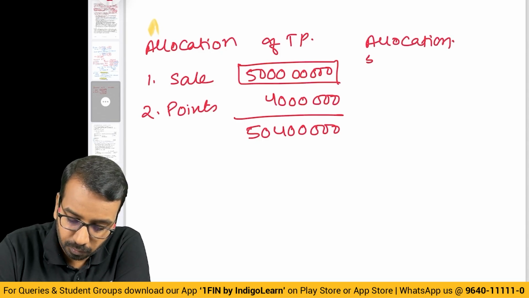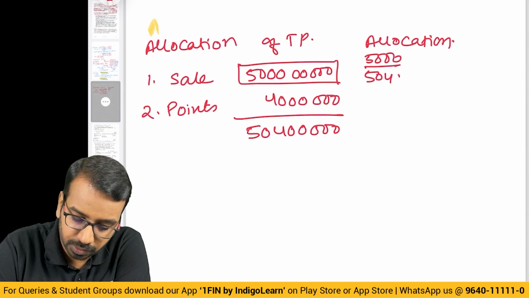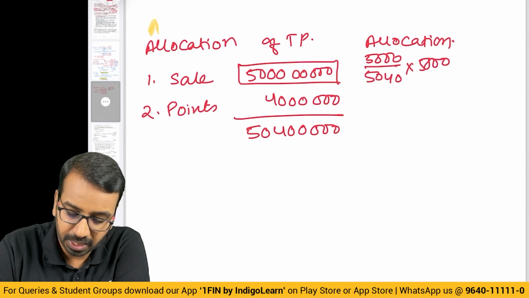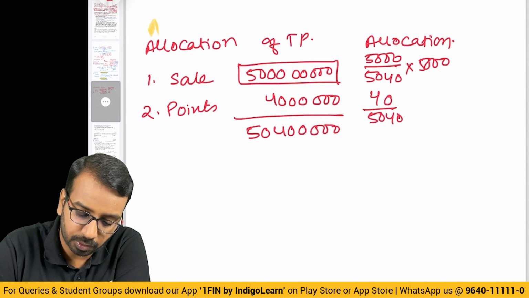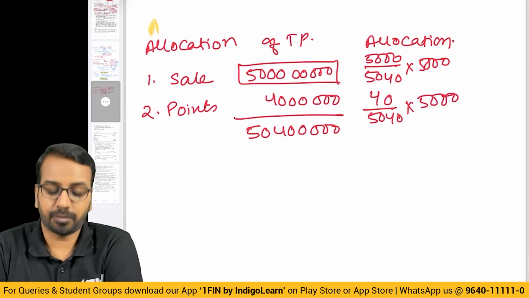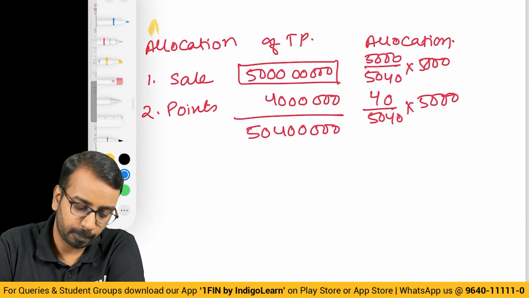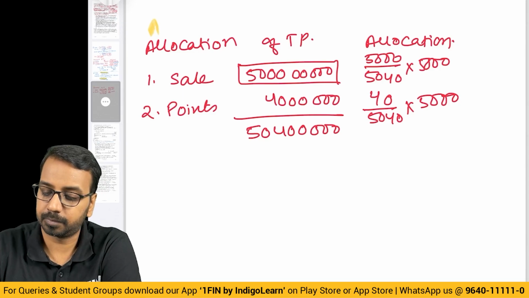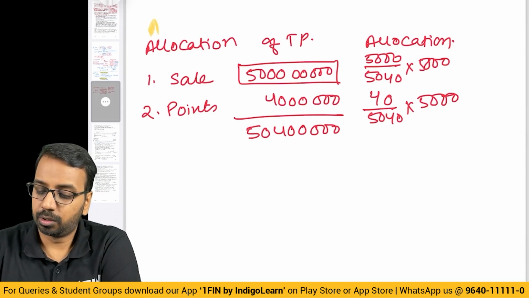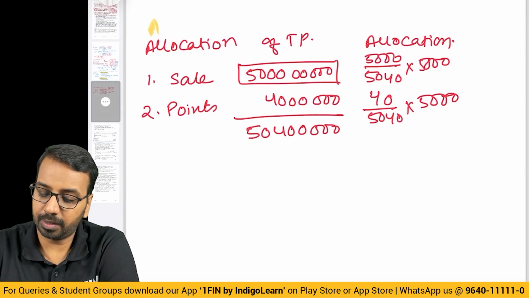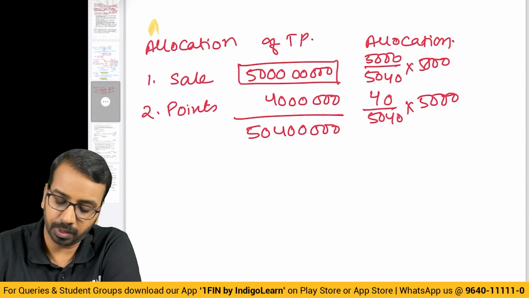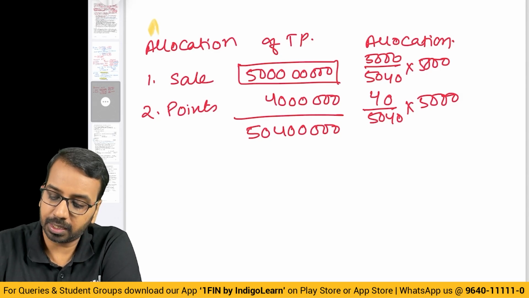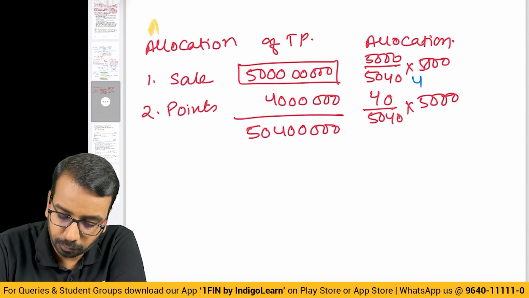here it is 5,000 divided by 5,040 multiplied by 5,000, and here it is 40 divided by 5,040 multiplied by 5,000. Again, to save time, you can do 5,000 divided by 5,040, you get some number, multiplied by 5,000 is equal to 496031746.